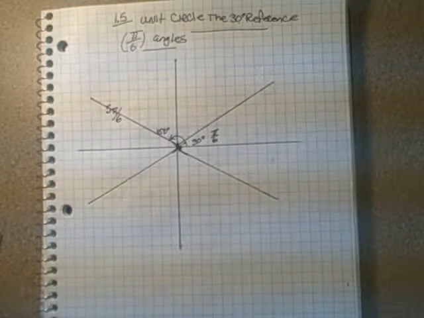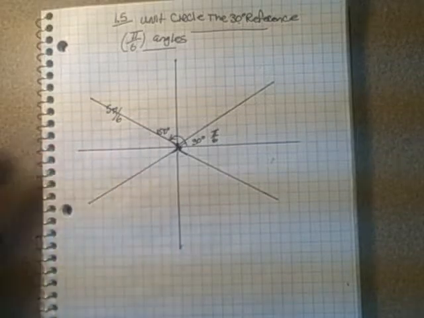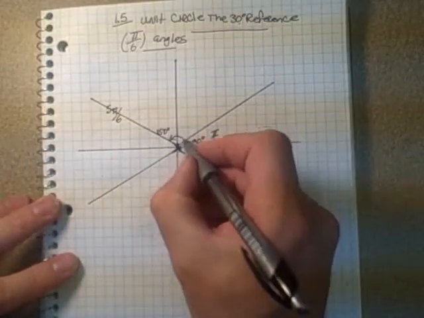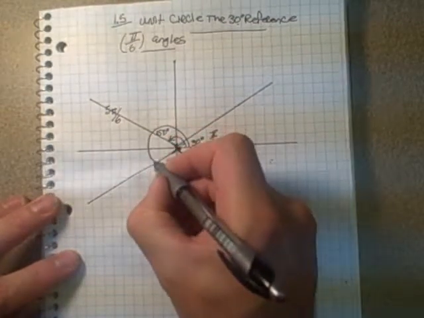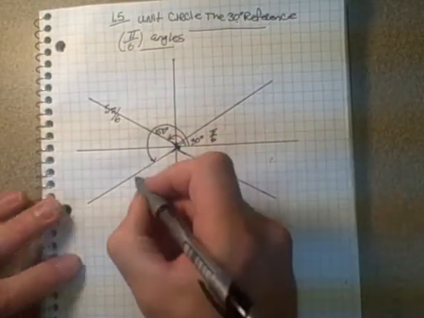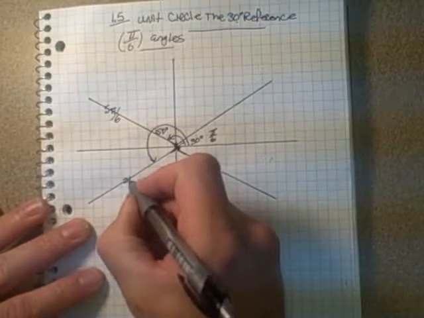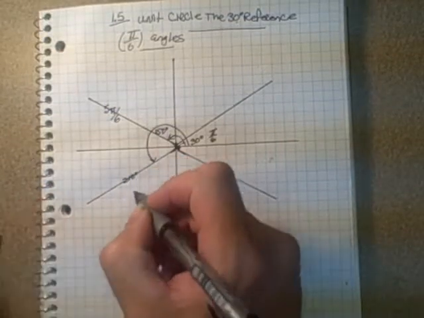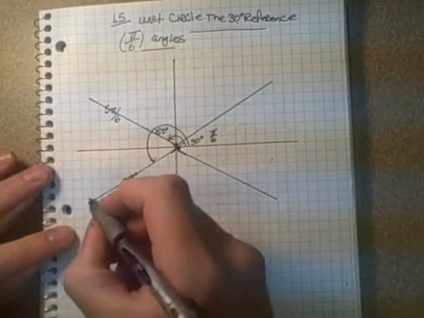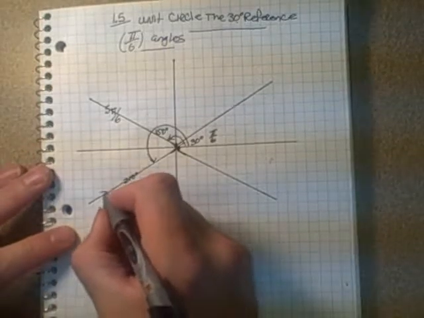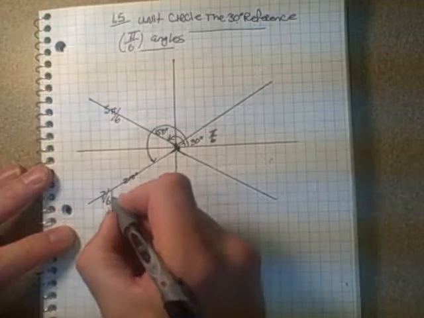180 equals pi radians. Then the third one here is 180 plus 30, that's 210 degrees. In terms of radians, that's 7 over 6 pi radians.